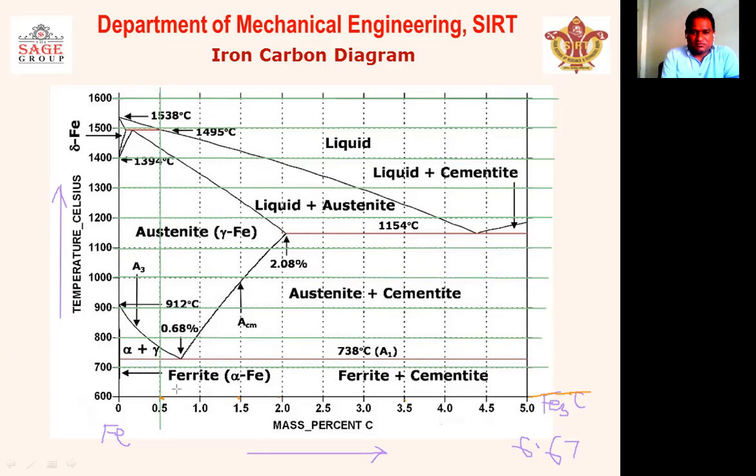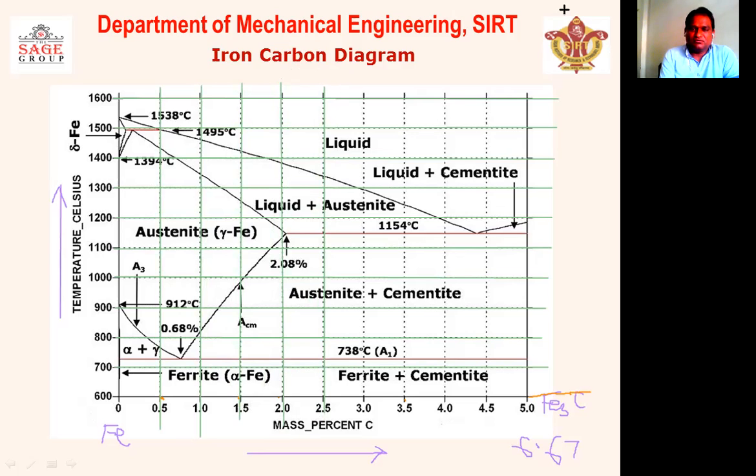Line drawn from the zero point, 0.5 weight percentage of carbon, then 1%, then 1.5%, 2%, 2.5%. In the similar way, you can draw the remaining vertical lines.